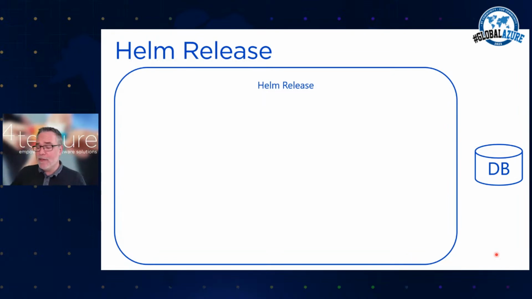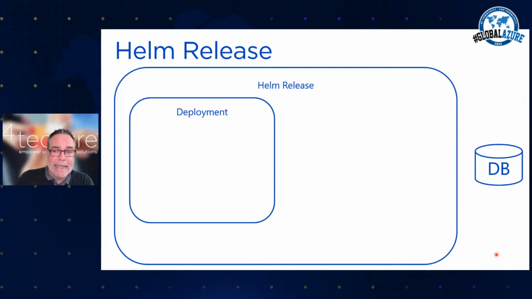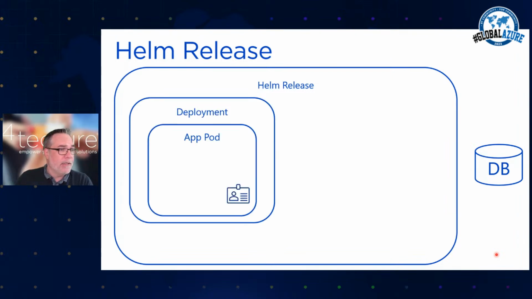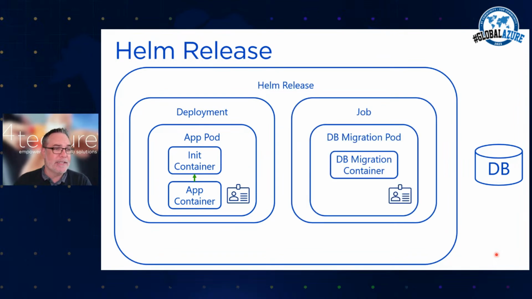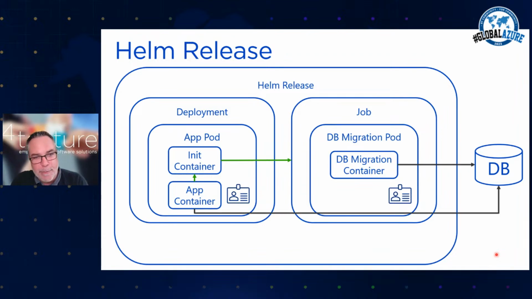So instead of having a pipeline running the database deployment, the web app deployment, etc., we could just define a single Helm release where we have our app. This one starts an init container, which blocks the app from being deployed. This one is then waiting for a deployment job, setting up the database, schema, etc. Only after the database has been finished, the init container is finished, and then the actual deployment of the application runs.